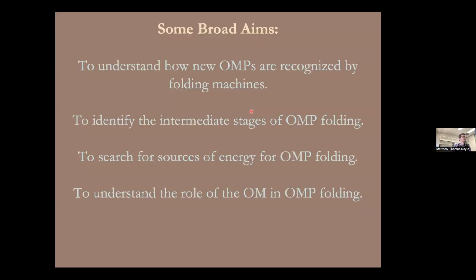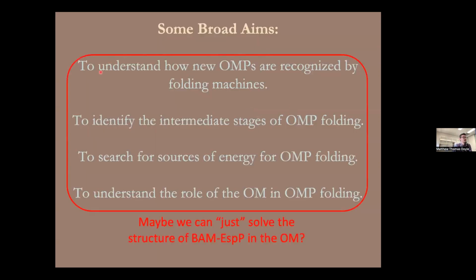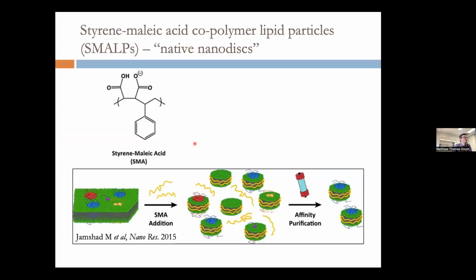All right. So, we're kind of getting at some of these, but it's hard to assess where the energy is coming from, what the membrane's doing, etc. And gosh, it would be good if we could just solve that structure. And so what I resorted to were these SMALPs. Perhaps you guys know about the styrene maleic acid copolymers.